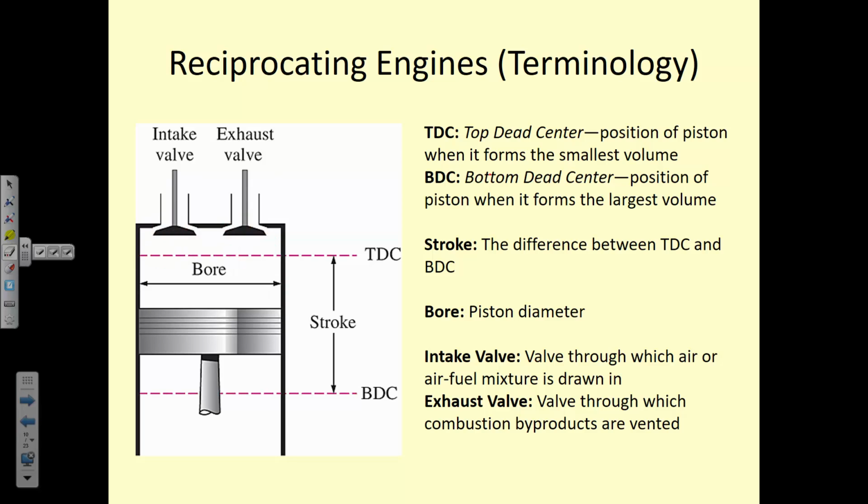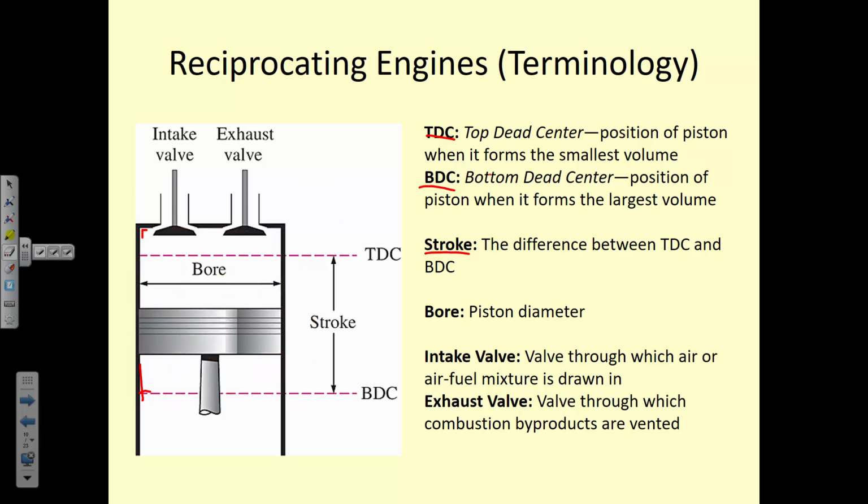Bottom dead center is when it forms the largest volume. So it's this entire volume here. And the stroke is the linear distance between top dead center and bottom dead center. So these two components are volumes. This one is just a unit of length.